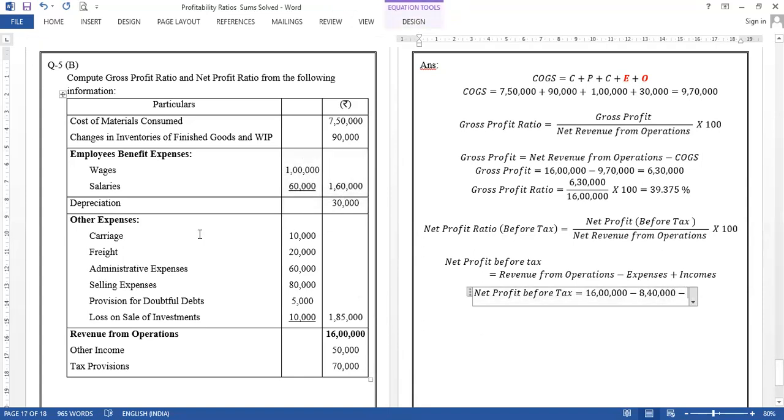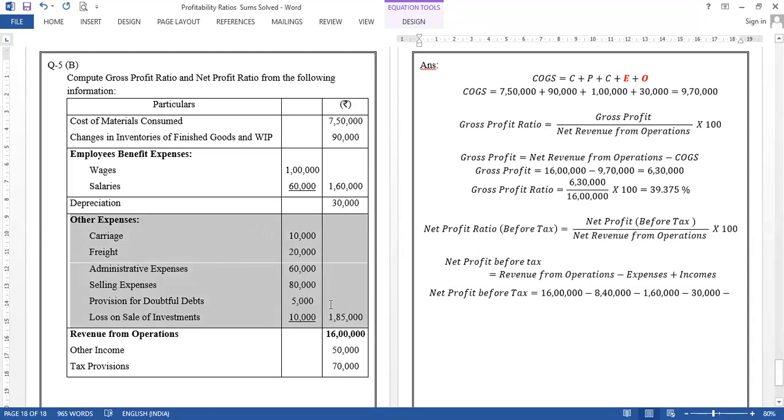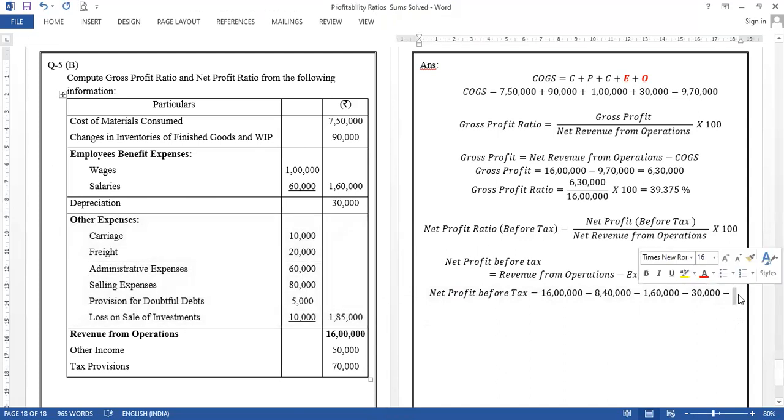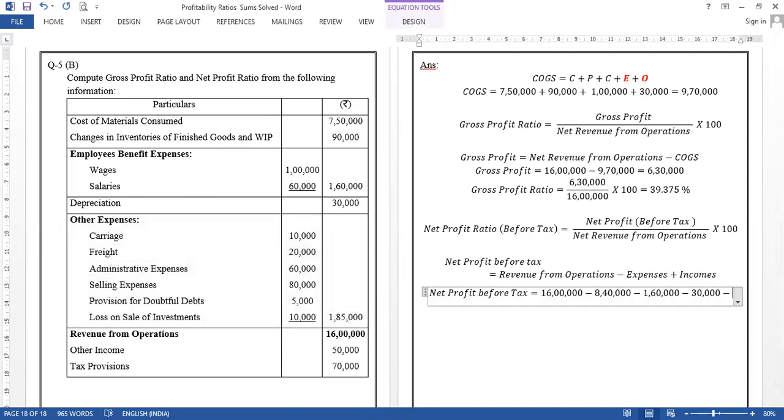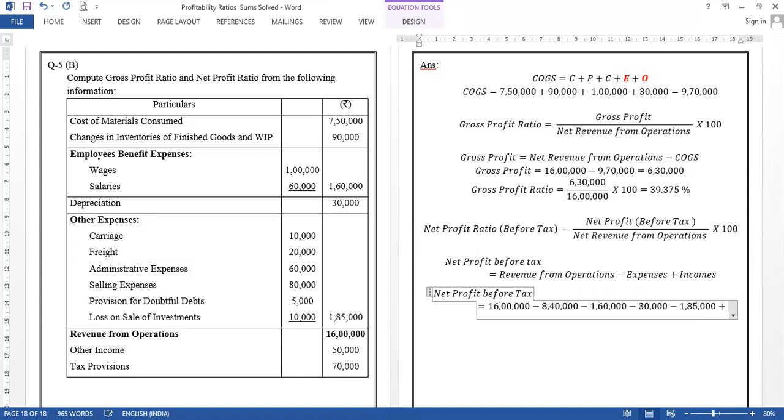So let me deduct those expenses as well. Then again I need to look for some other expenses, whether it is direct expenses, office expenses, non-operating expenses. Every expense I need to deduct, that is 1,85,000. So let me deduct this 1,85,000. Okay, I need to add over here the incomes. I can see other incomes rupees 50,000.